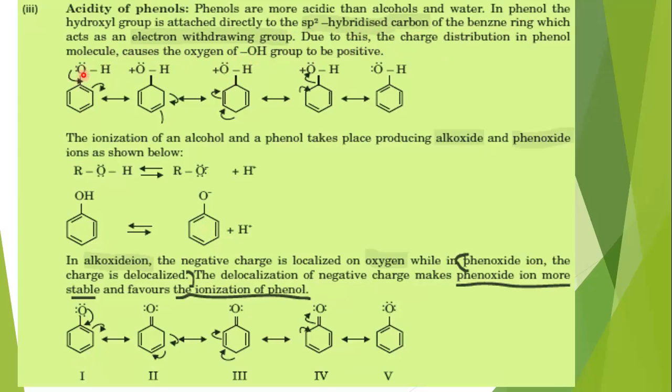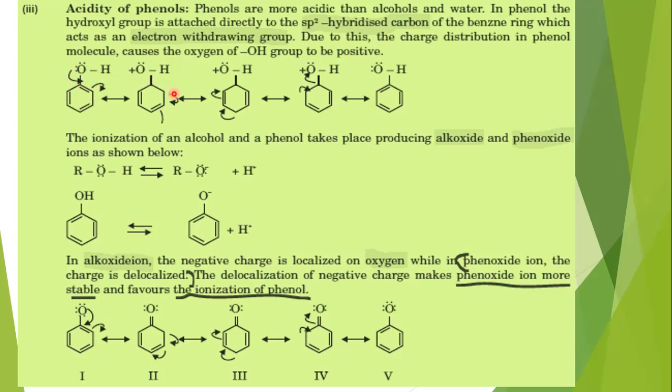See here, this is phenol. This lone pair of electrons is pulled towards this electron withdrawing benzene. Benzene is electron withdrawing group. So this electron of oxygen is withdrawn, and the negative charge is shifted over here.